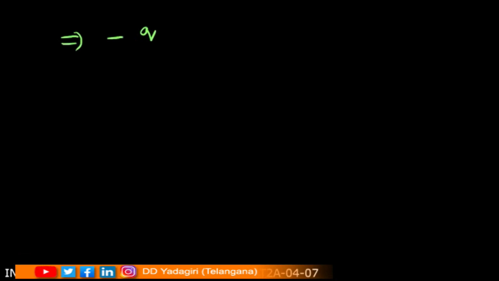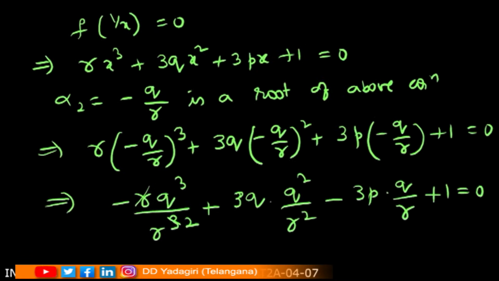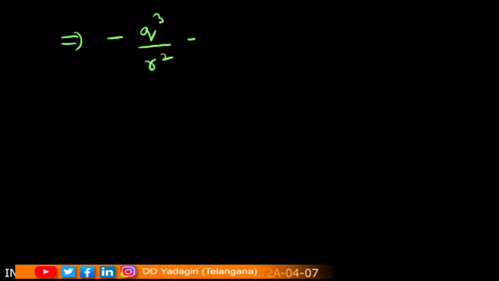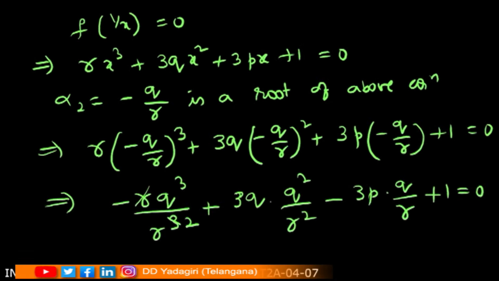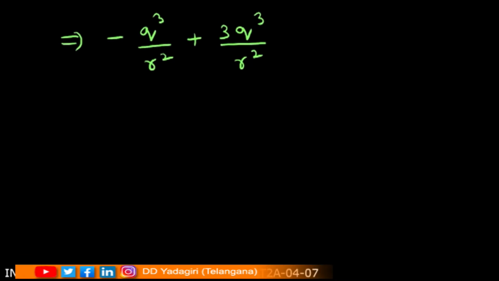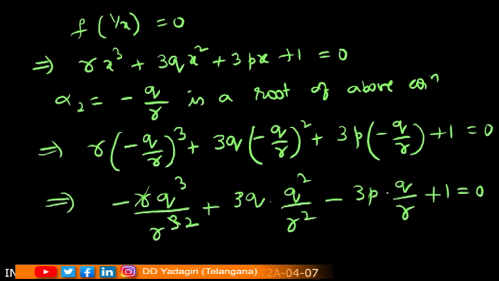Minus q cube by r square plus 3q cube by r square minus 3pq by r plus 1 is equal to 0.